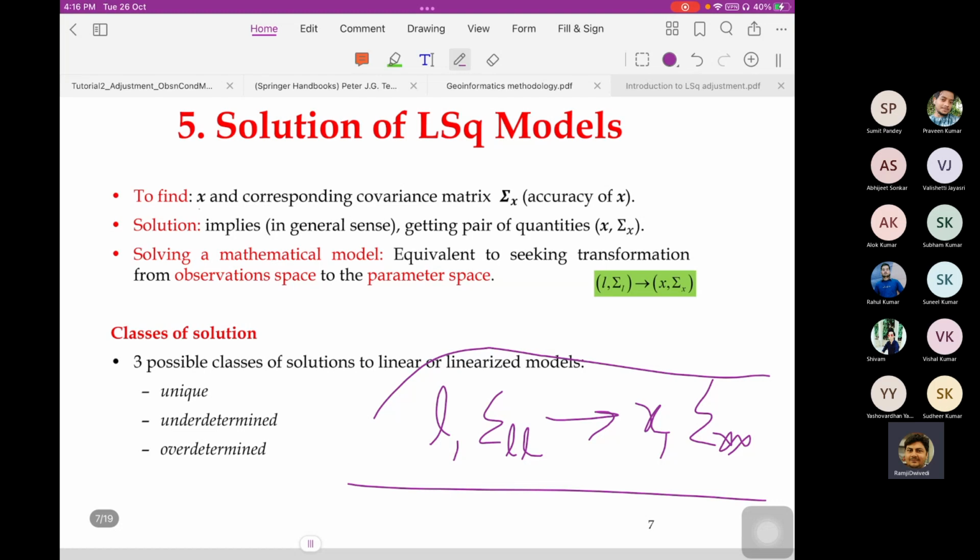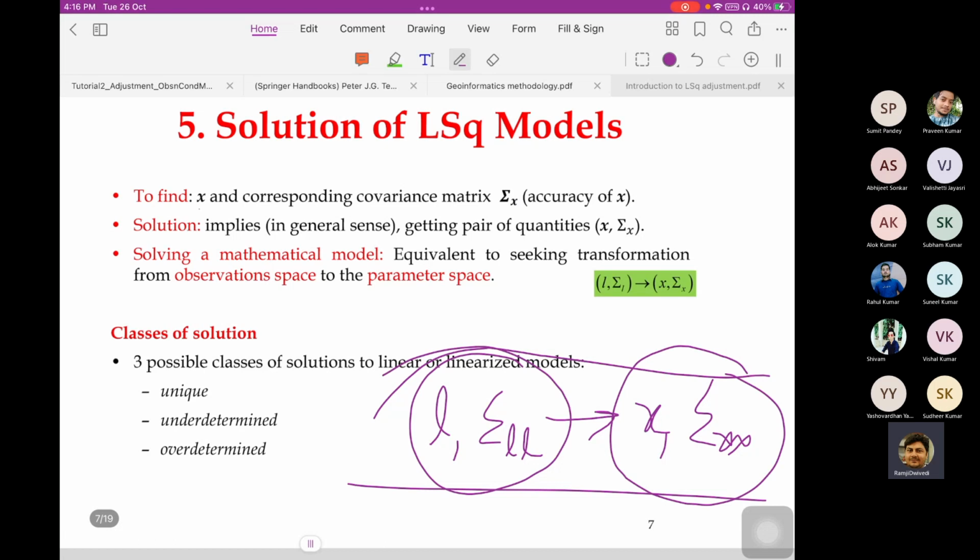So do not miss the classes. Enjoy it. It is a very good set of equations you will be given, and you can solve any problem in the world. Very basic, very small, simple equations, and you can solve anything, with this basic equation that you go from L, sigma L to X, sigma X.